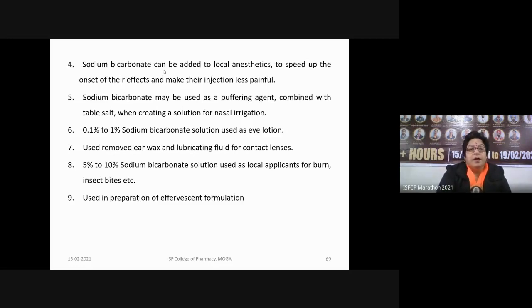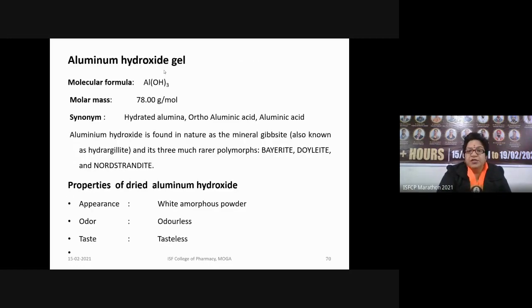Then coming to aluminum hydroxide gel, available as Al(OH)3, molar mass 78. Synonyms are hydrated alumina, orthoaluminic acid or aluminic acid. Aluminum hydroxide is found in nature as the mineral gibbsite, also known as hydrargillite, and its three much rarer polymorphs: bayerite, doyleite, and nordstrandite.